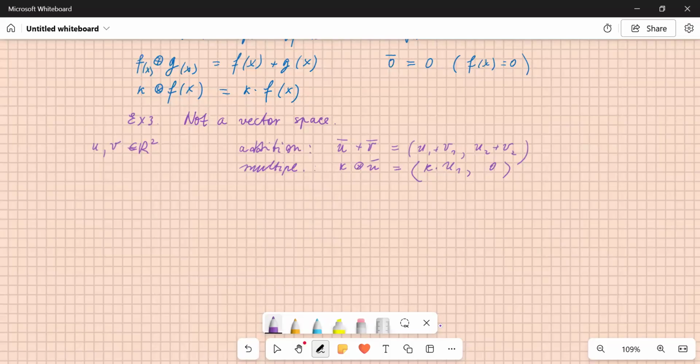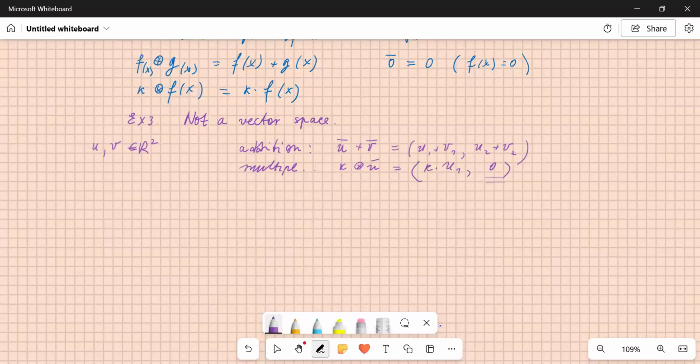Scalar multiplication is not very different from regular scalar multiplication. How do we multiply by a scalar? We multiply the first component by that scalar, and the second component. The only difference here is the 0 over here, right? And actually, scalar multiplication is not going to bring the vector outside of the space. If you substitute the last component with 0, it's still inside of that space, right? Just the last component is 0.